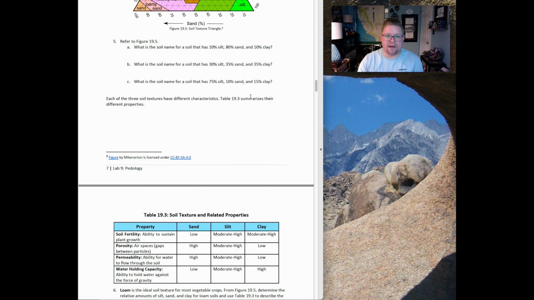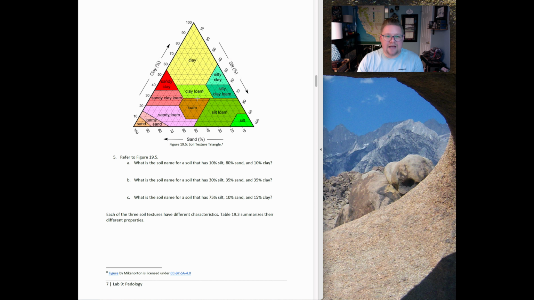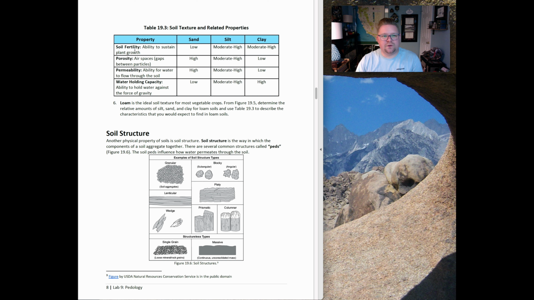So what you'd do is you'd go back here, and I usually pick a spot that's easy, like that intersects, and go, okay, well that is loam. So what percentages do I get within that? So you're kind of doing it in reverse in a sense. And then you'll be able to take those percentages and relate it to this table here to be able to answer question 6.